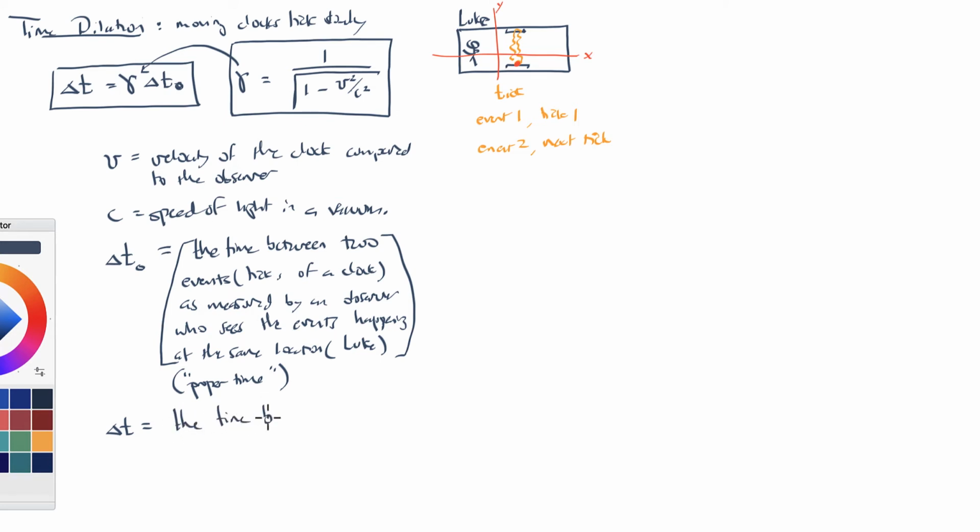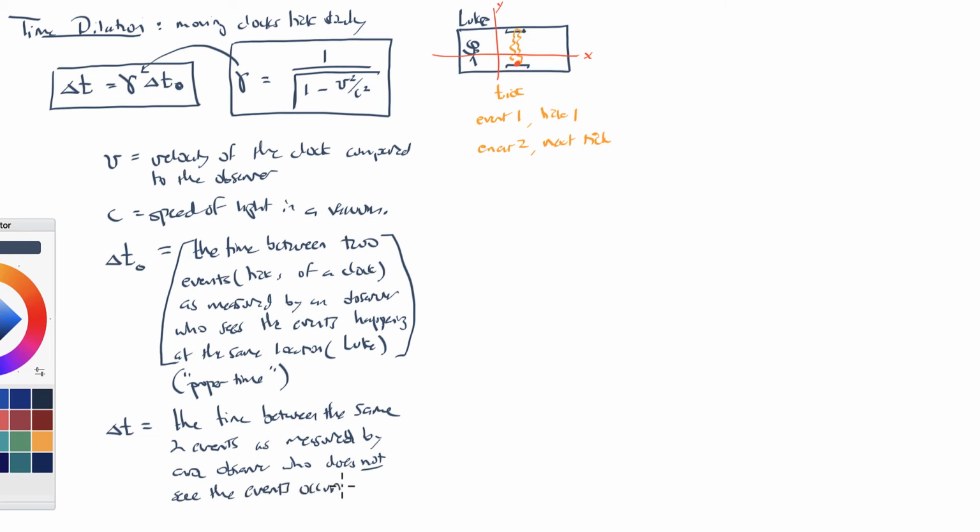The time between the same two events as measured by an observer who does not see the events occurring at the same location.